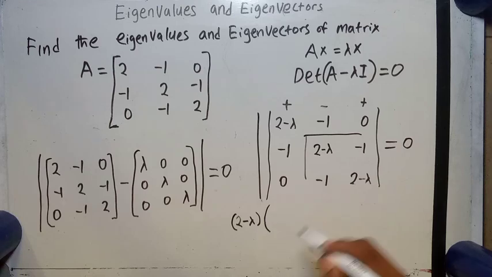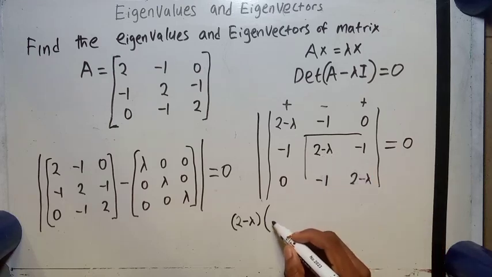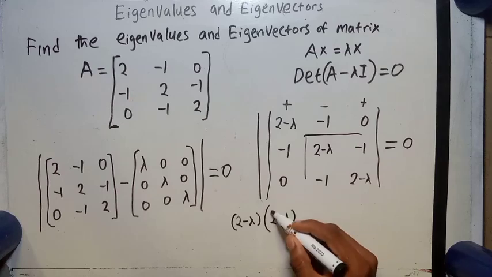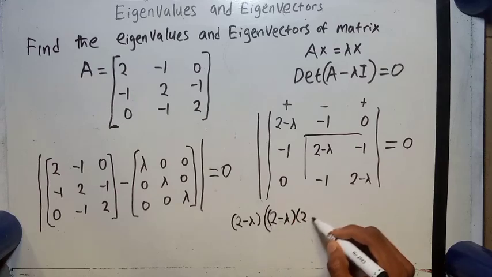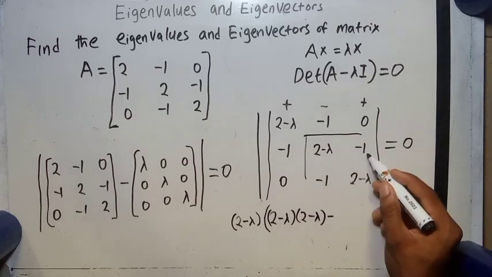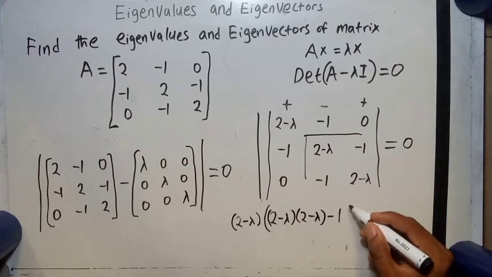Now we have this times this, which is 2 minus lambda, 2 minus lambda, minus this times this, which is 1.